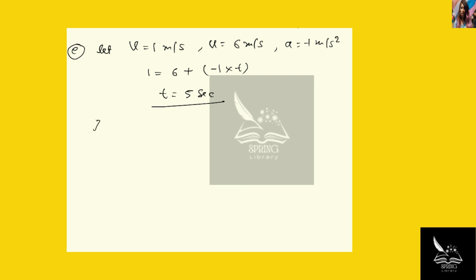Now let v equal 1 meter per second be the final velocity at time equal to 0, then we can see that the initial will be equal to the final. So this is the initial u prime equal to 1 meter per second at time equal to 0.